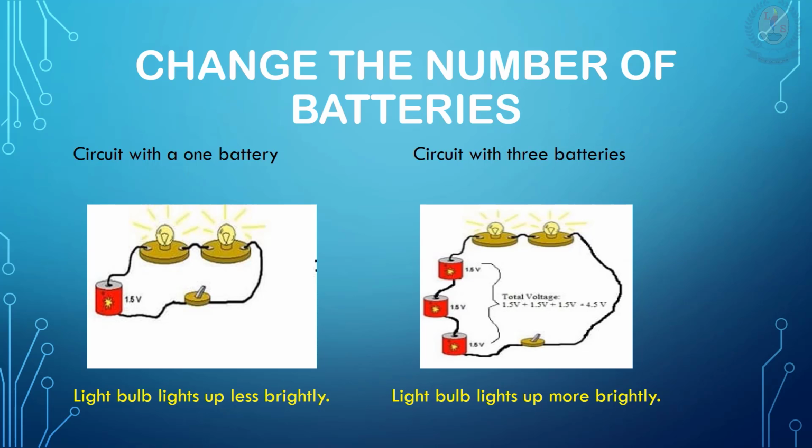So, more energy can flow to the two bulbs in the second circuit. Therefore, we can see the light bulbs light up more brightly in the second circuit. So, my dear children, in a circuit with one battery, the light bulbs light up less brightly. But in the circuit with three batteries, we can see the light bulbs light up more brightly.